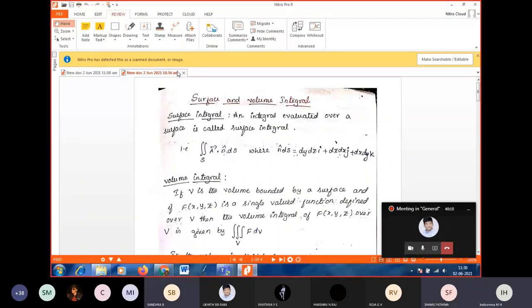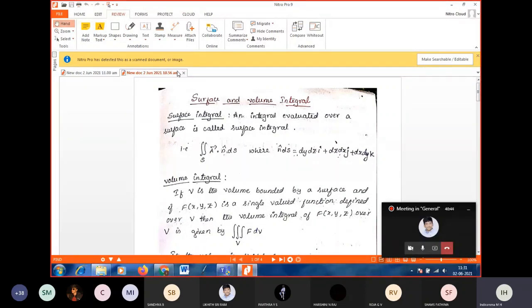In the second topic of the first module, we are discussing vector integration. In vector integration, we already discussed one concept, the line integral, to find the total work done as well as the line integral for the given curve.